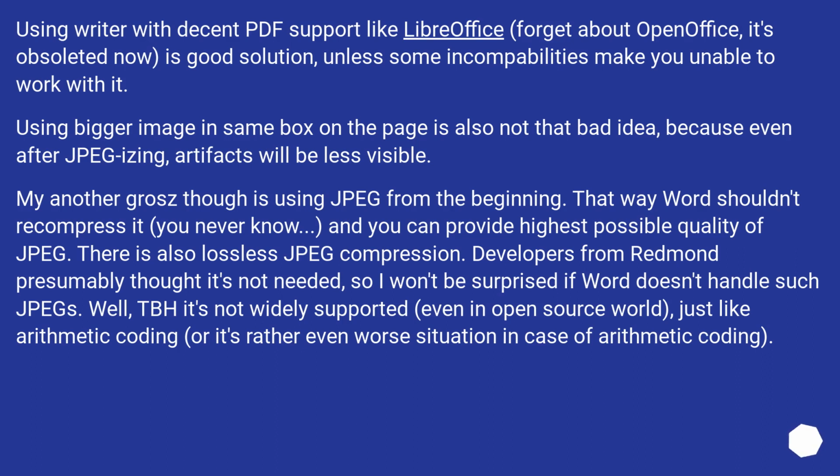There is also lossless JPEG compression. Developers from Redmond presumably thought it's not needed, so I won't be surprised if Word doesn't handle such JPEGs. Well, TBH, it's not widely supported, even in open source world, just like arithmetic coding, or it's rather even worse situation in case of arithmetic coding.